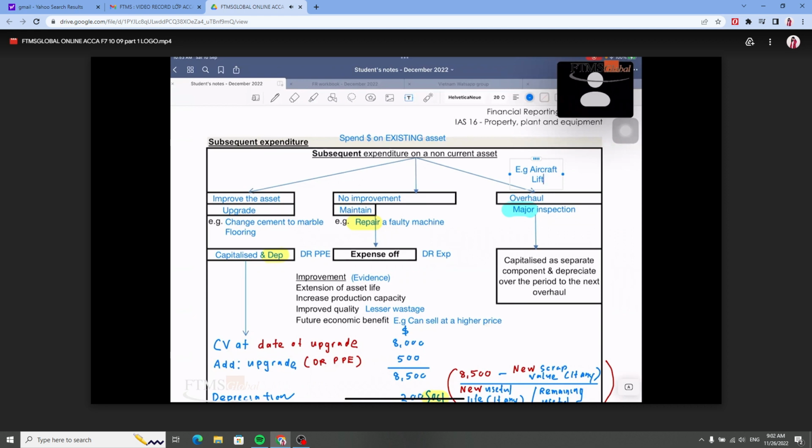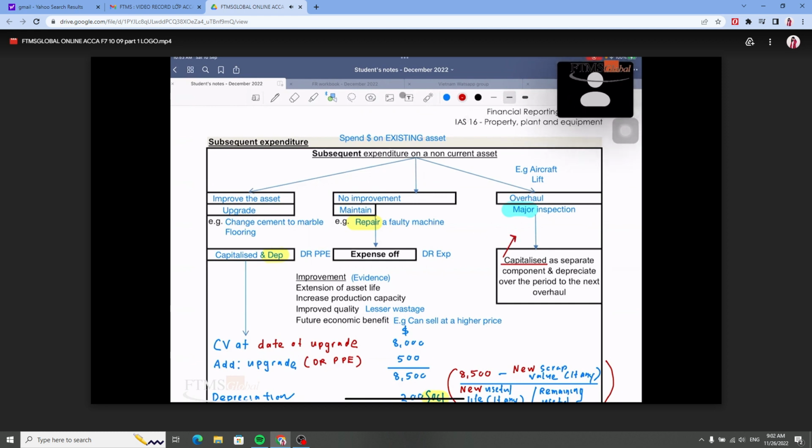So what is the accounting treatment for all these overhauls? The accounting treatment is to capitalize. I think you will know what capitalize is. Capitalize means debit to PPE.